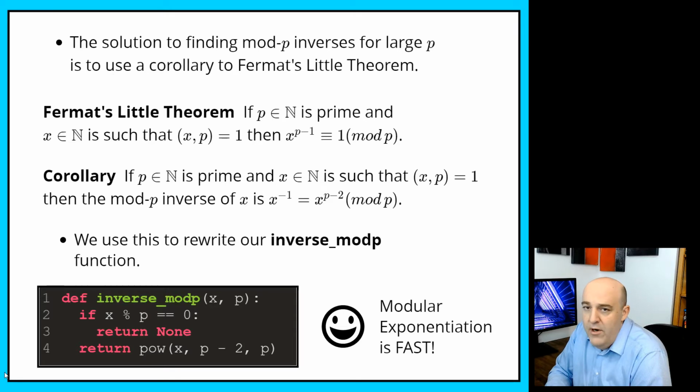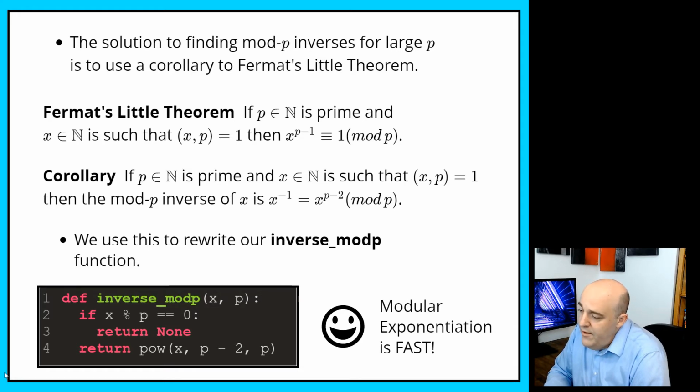Recall that if you have a prime p and any positive integer x which is relatively prime to p, then x to the power of p minus 1 is congruent to 1 mod p. And if you break that up, x to the p minus 1 is x times x to the p minus 2, you see that the multiplicative inverse of x is x to the p minus 2.